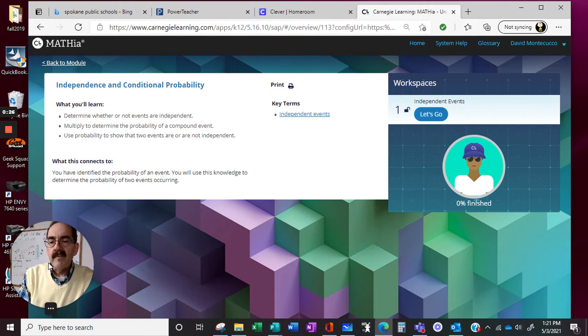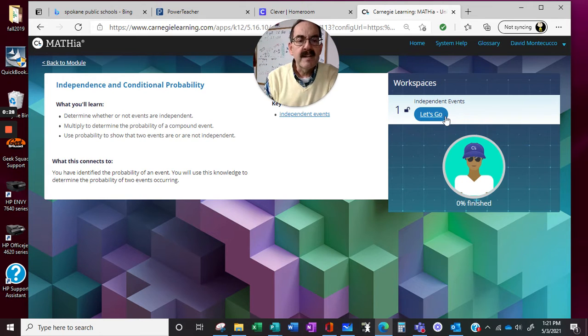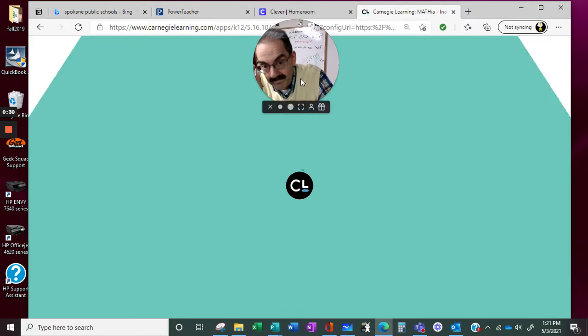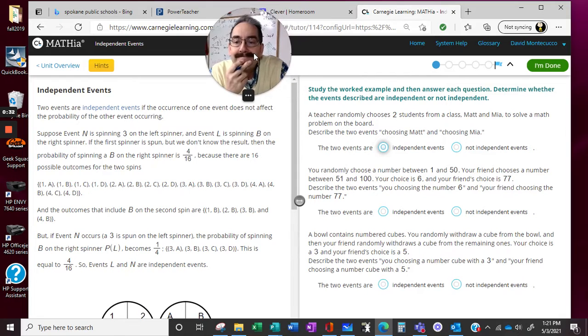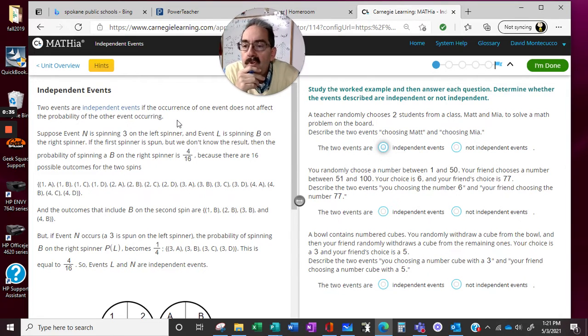Alright, independent events. Let's start with independent events. Two events that are independent in occurrence do not affect the probability of the outcome. So, suppose event N is spinning a 3 on the left spinner and L is spinning an L on the right spinner.